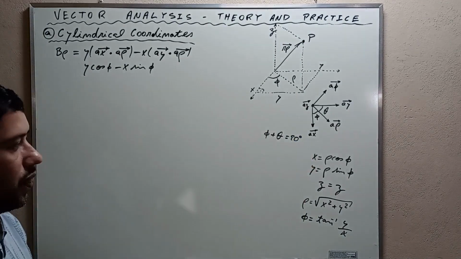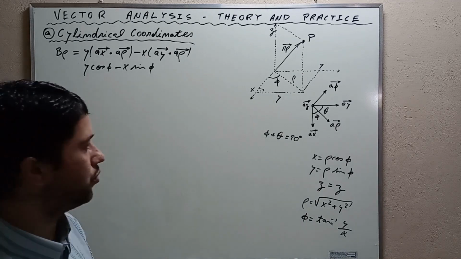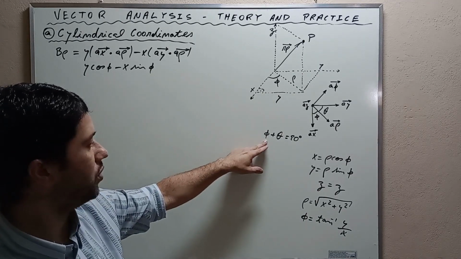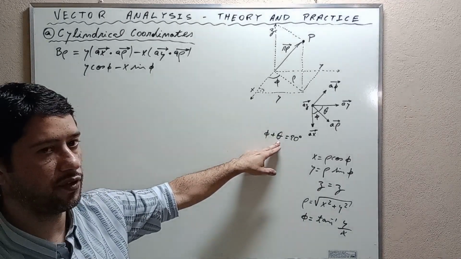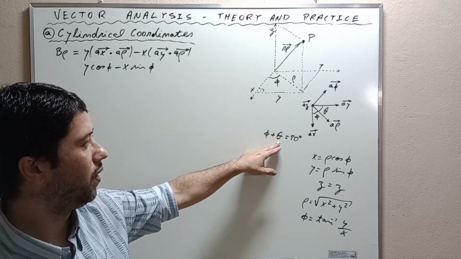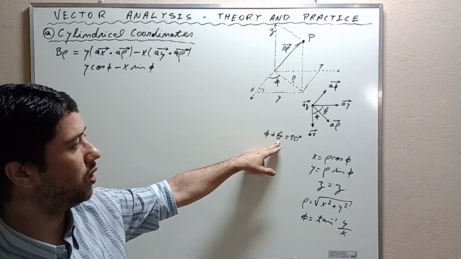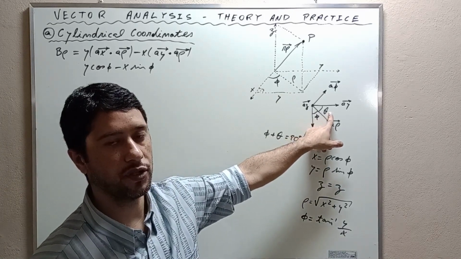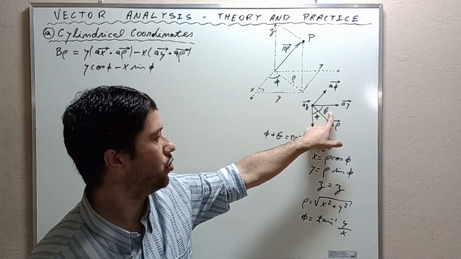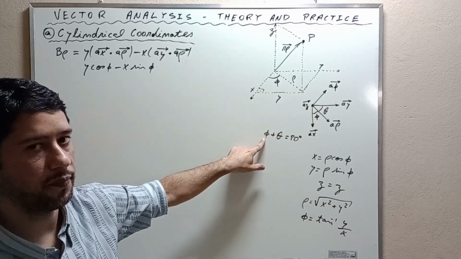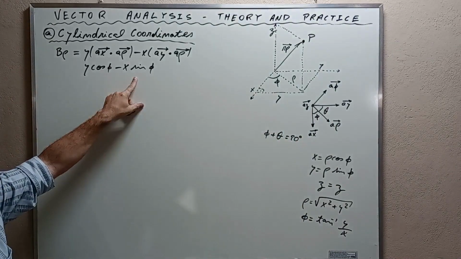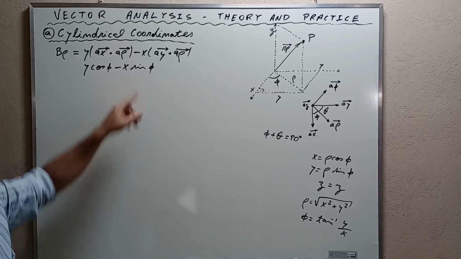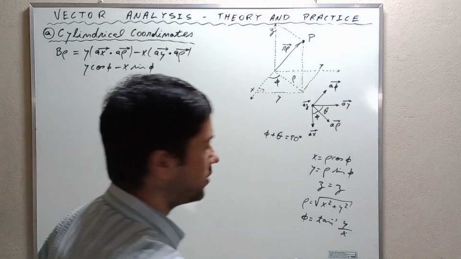What does it mean? What is the property that we can use? The cosine of this is equal to the sine of this and vice versa. What we want is the cosine of theta, but the cosine of theta is equal to the sine of phi. That's why we use here sine of phi. Alright? Have you guys understood?